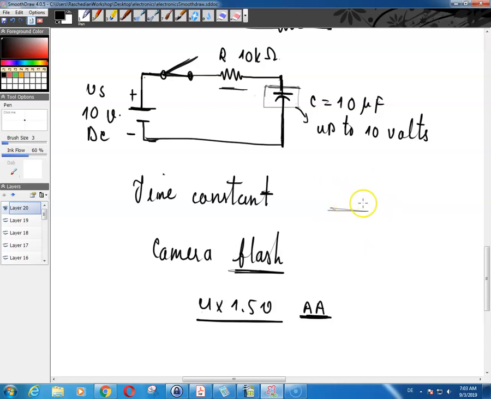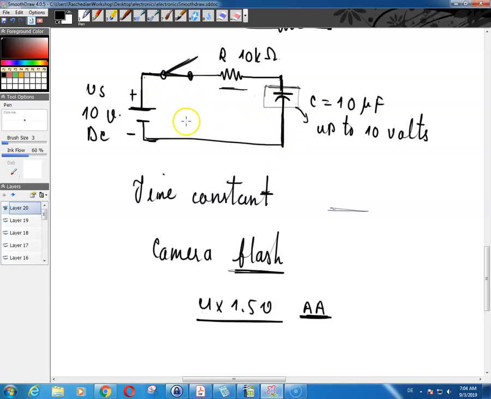So that's the practical application of, for example, such a circuit. You charge up your capacitor, and then you discharge it into something that needs a whole amount of charge instantly.